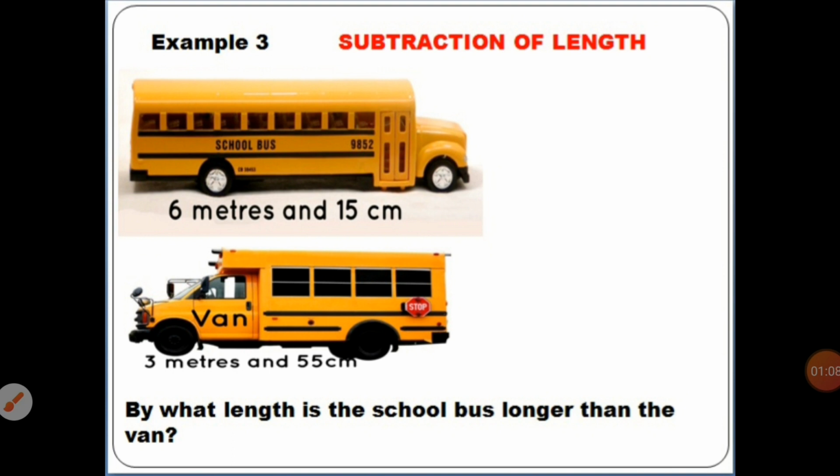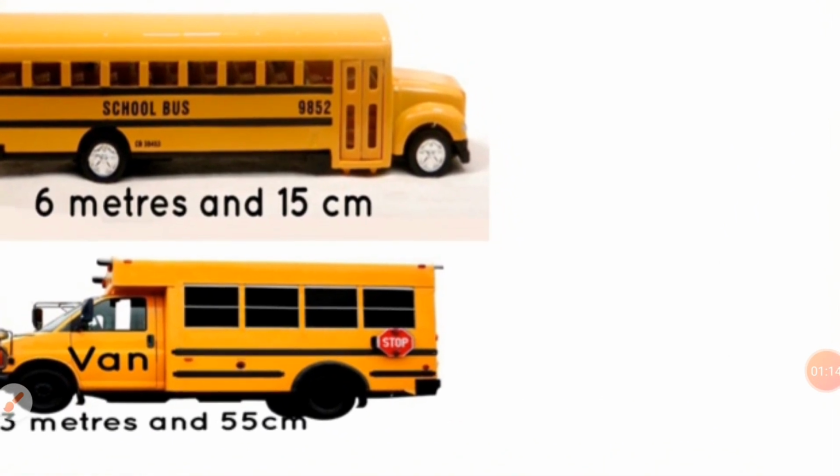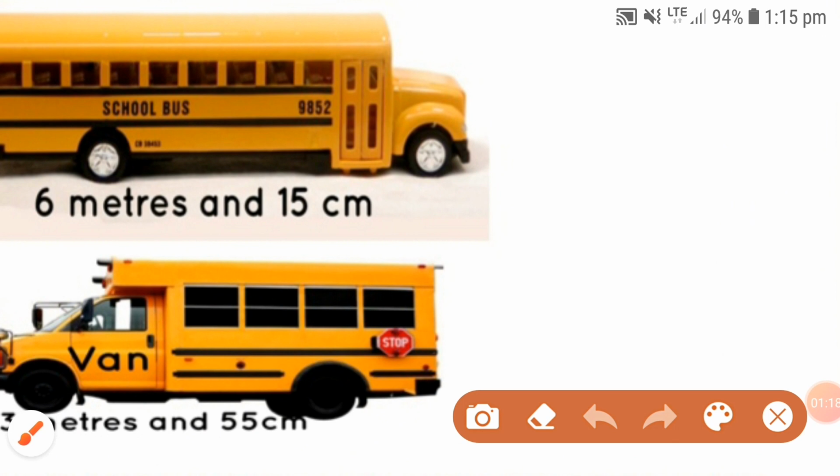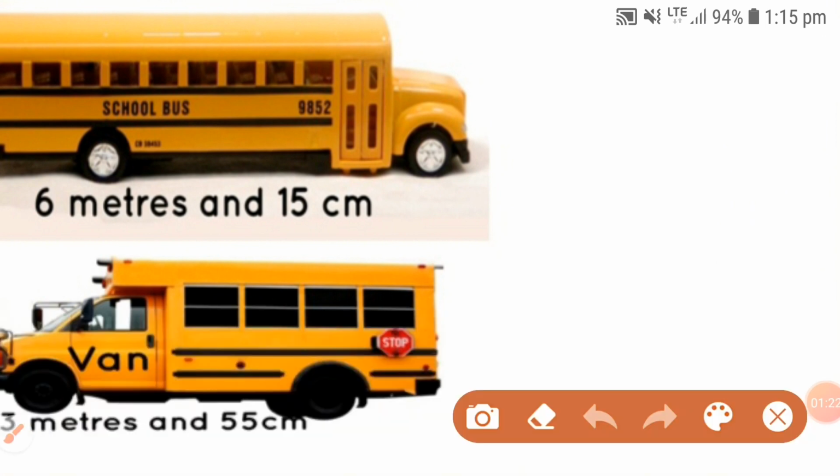So what do we do? In the same way, write out your values, arrange them, and make sure that you remove the smaller from the bigger. You may write the meters up and the centimeters down, or we can do it together. Let's write meters, centimeters.